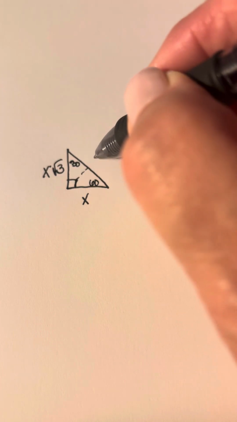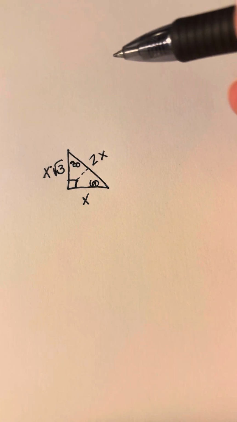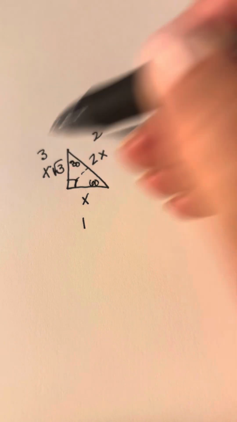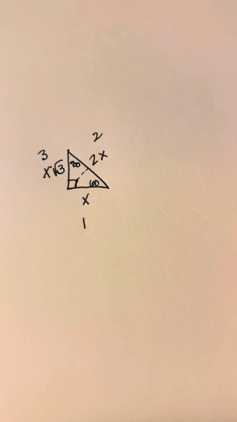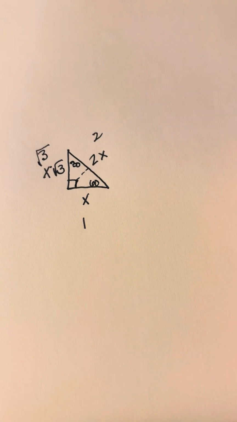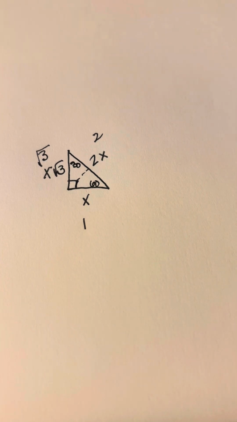And across from the 90-degree angle is 2x. As a memory trick, I used to always say it's 1, 2, 3. But of course, it's the square root of 3. It's not really just 3. But that's just how I try to remember it. I also feel like you don't need to memorize that because you can just figure it out. All right, so let's take a couple of problems.